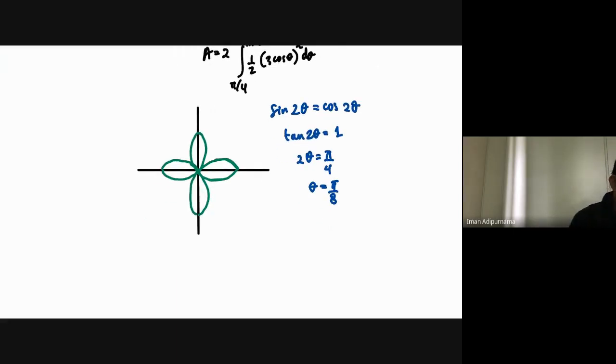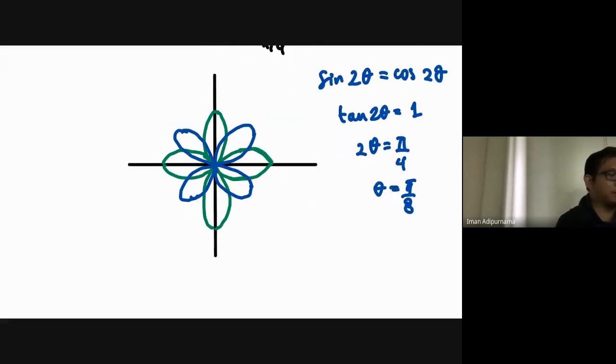The way the curve should be is from here and from here. Yeah, around like that. But keep in mind that this is identical.